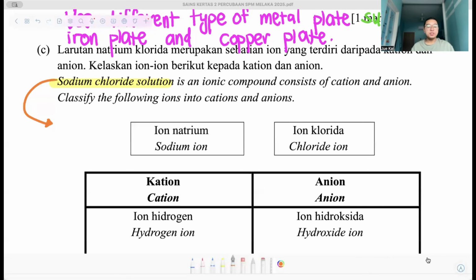This is the way I teach. It's okay, because even I also got confused. This chapter is a bit confusing. You must call a chemistry teacher to teach you. Since I'm not a science stream student, I try my best.